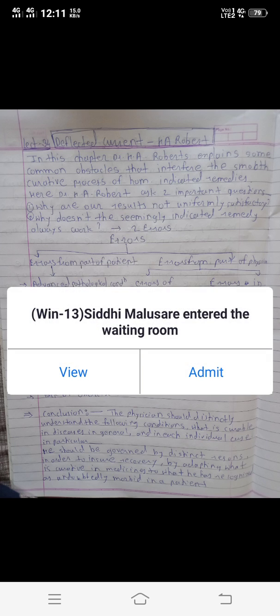Thirdly, non-pathological mechanical obstruction by foreign body, and in this they explain different non-pathological mechanical obstructions by foreign body. They explain two examples, regarding the ear and nose.